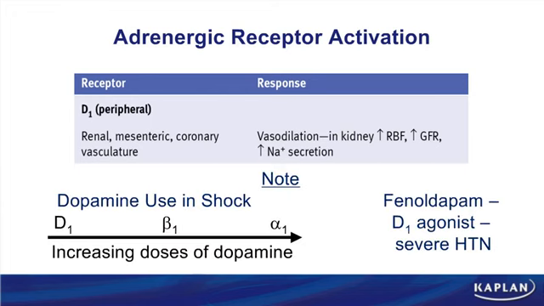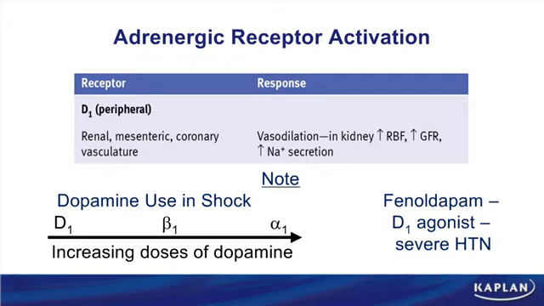The first note is this, that if I use dopamine, it's going to have dose-dependent effects on different receptors. You see the arrow? It shows you that the lower doses of dopamine will stimulate D1 receptors, and I will get renal vasodilation. That's why low-dose dopamine has been referred to as the renal dose. If I give a medium dose of dopamine, referred to as the cardiac dose, I will stimulate beta-1 receptors, and that's why dopamine can be used in certain cases of congestive heart failure for its positive inotropic effects.